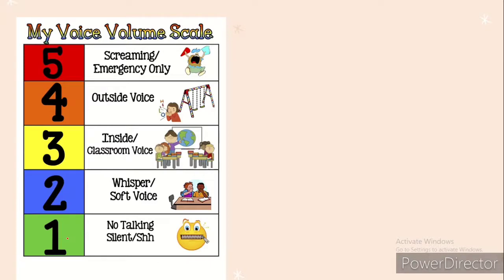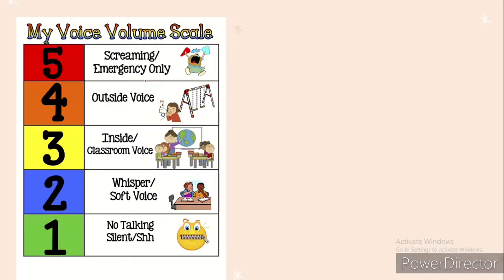For level 1, no talking, silent, or shh. Level 2, we have whisper or soft voice. Level 3, inside or classroom voice. Level 4, outside voice. And level 5, screaming or emergency only.